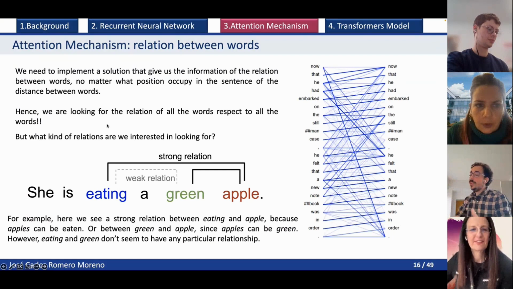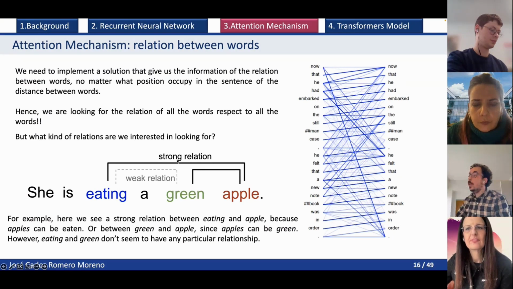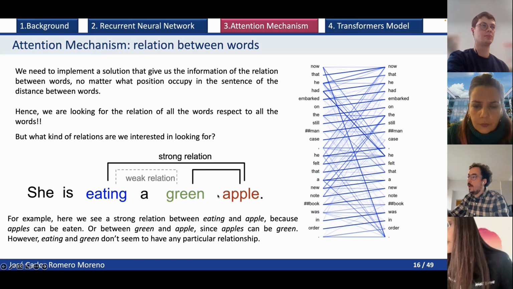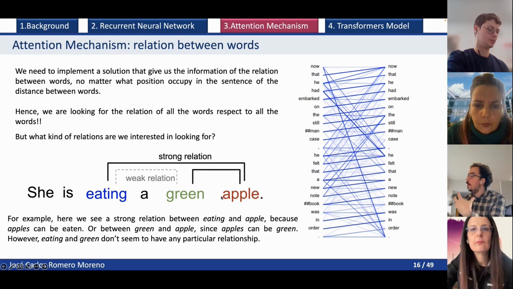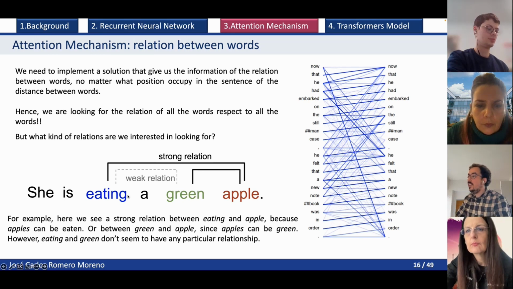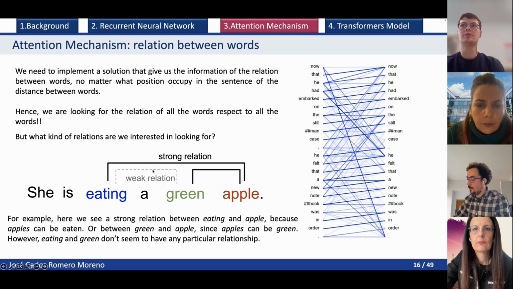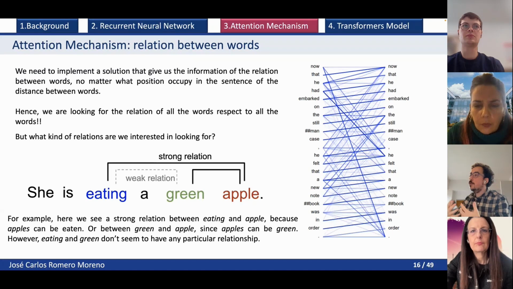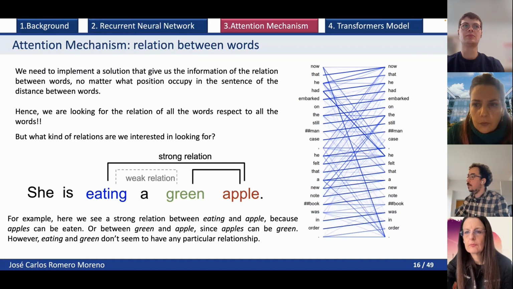In this sentence, we have a strong relation between the verb eating and apple, or between green and apple, because their meanings are very interconnected. But green and eating don't have much relation. We want to be able to get this kind of relation, because these relations give us the information to understand the meaning of a sentence.